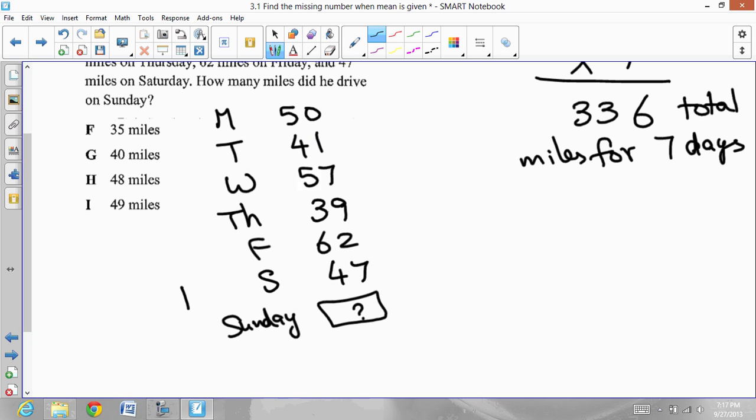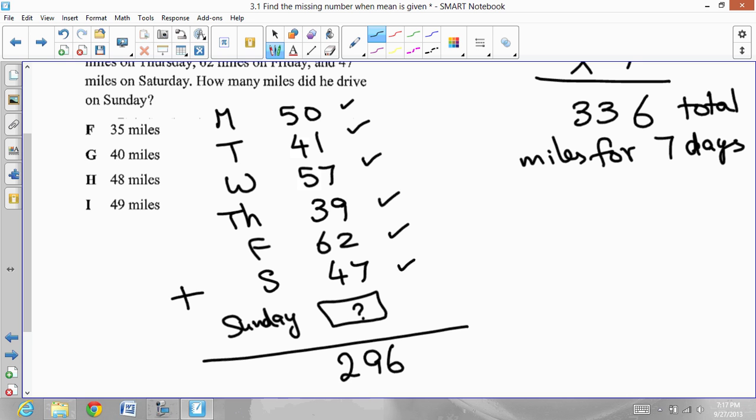Let's add them together and see if it comes to 336. Now let's add them together, and this is going to come to 296 after you're done adding them. So now this is the total of Monday, Tuesday, Wednesday, Thursday, Friday, and Saturday. This is the total miles for only 6 days. And this is the total for 7 days.